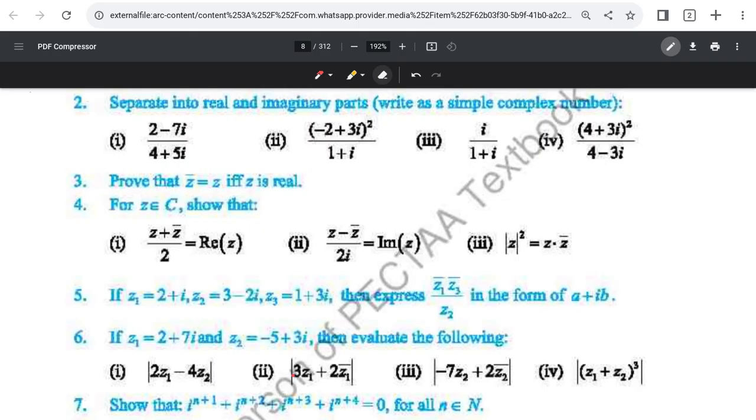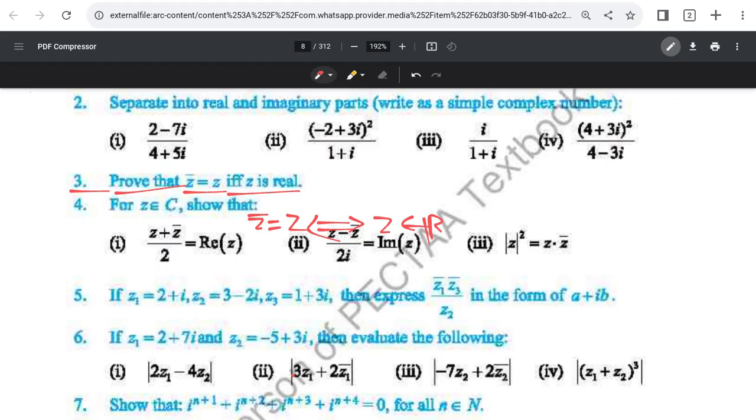So first of all we have to prove that z bar is equal to z if and only if z belongs to R.